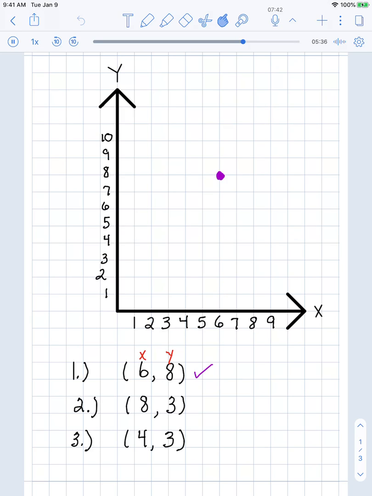So now I'm going to move on to my second coordinate, 8, 3. So remember again, this first number, the x number, tells me how many to go over, and my y number tells me how many to go up. Okay, so I'm going to go over to the number 8, and I'm going to go up to the number 3, and I'm going to put a dot.